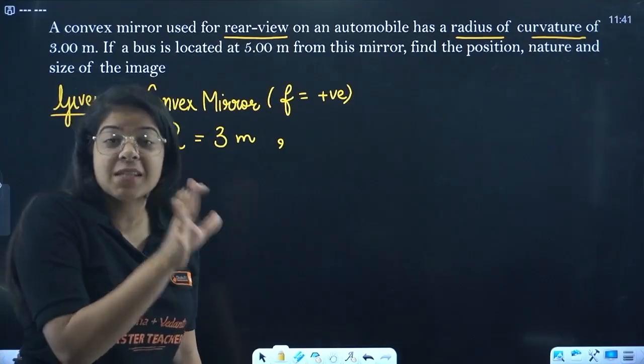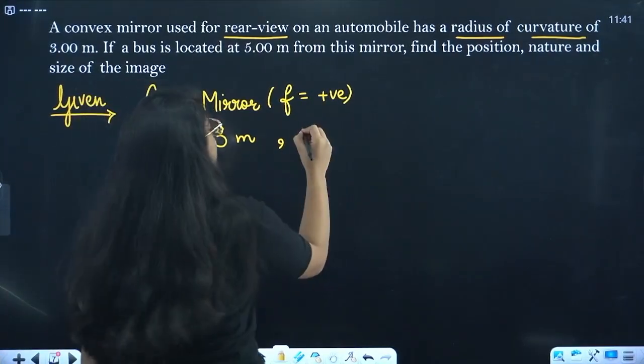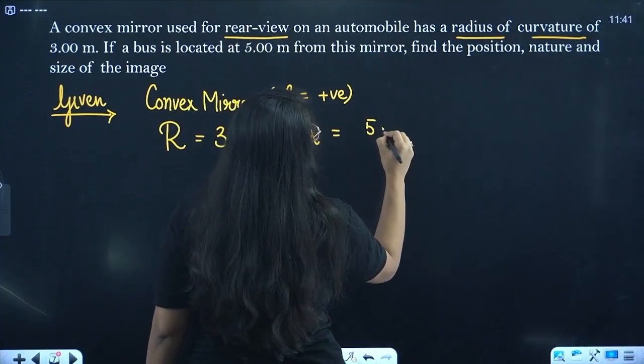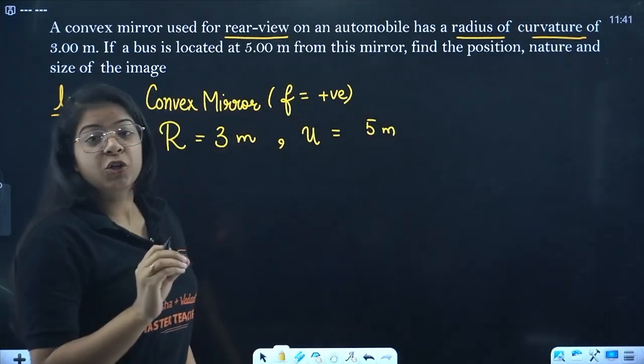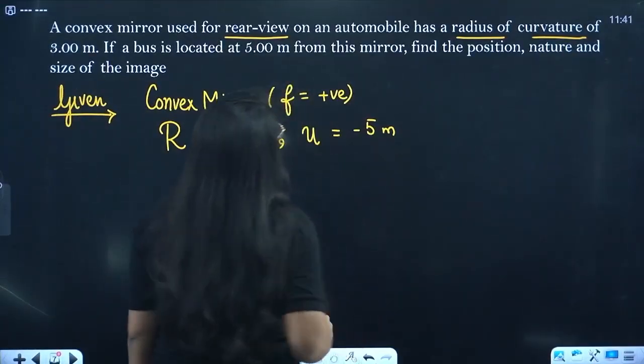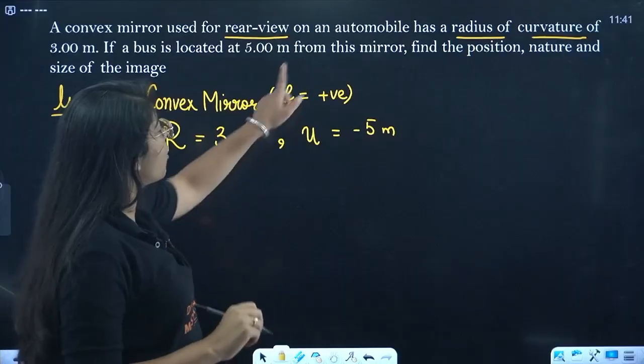The bus is located, right? So the bus is an object, so for object we use u, and that is your 5 meters. Now we also saw that u is always negative. Correct? So we have minus 5 meters from this mirror.